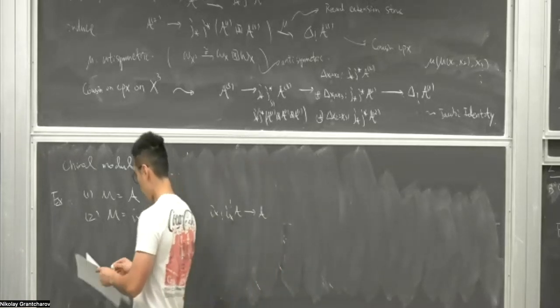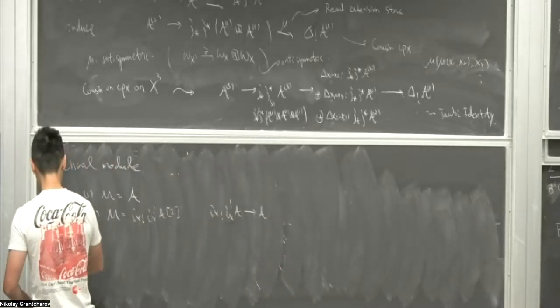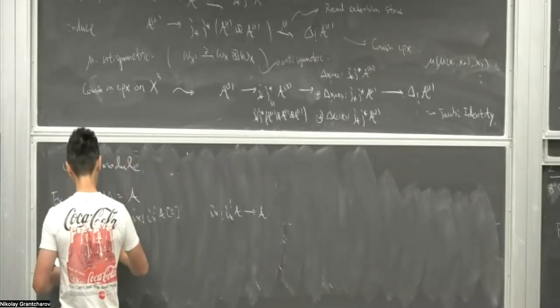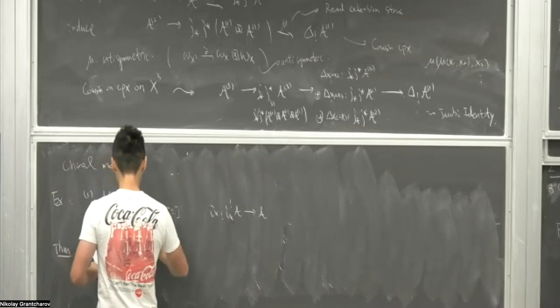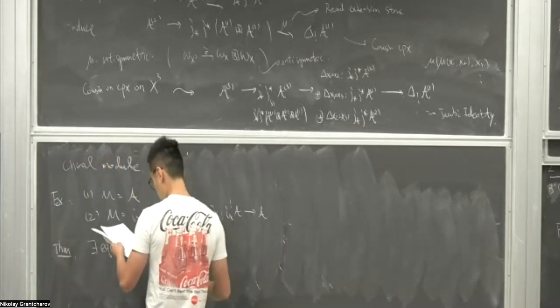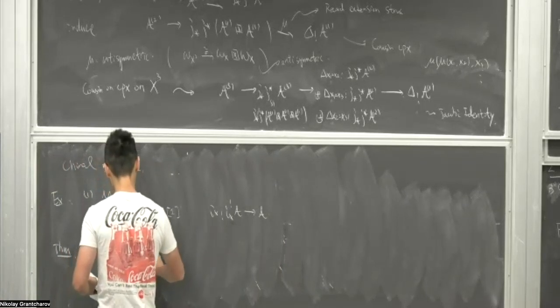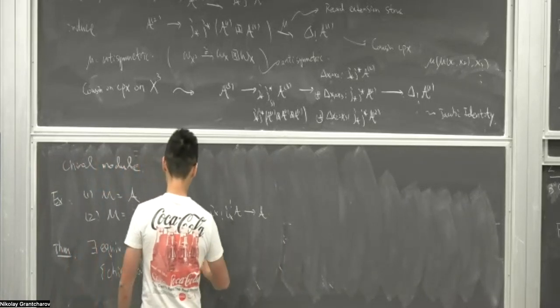So we won't talk too much about it, but the actual theorem that I want to talk about today, and that we will prove, is that there exists an equivalence of monoidal categories between chiral algebras and factorization algebras.